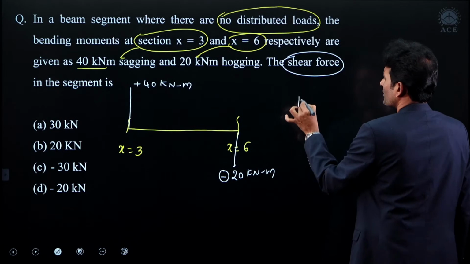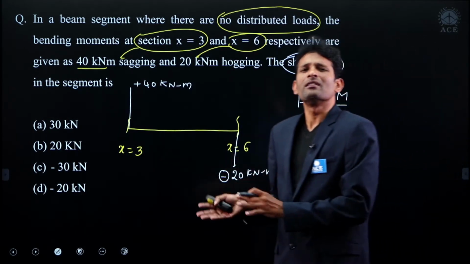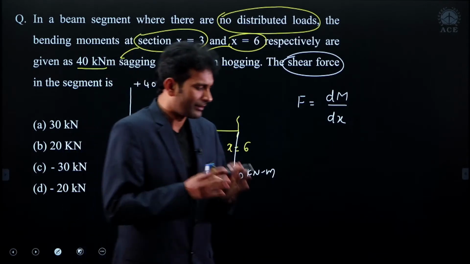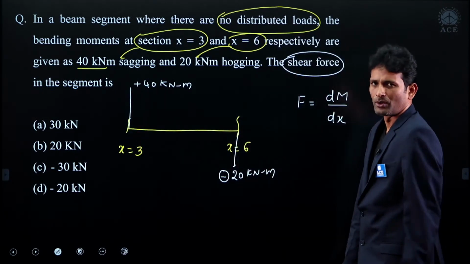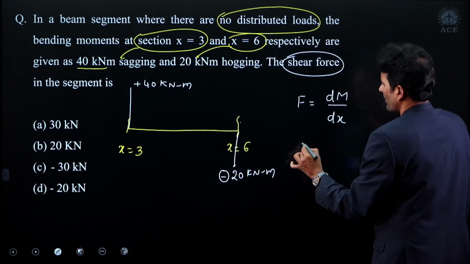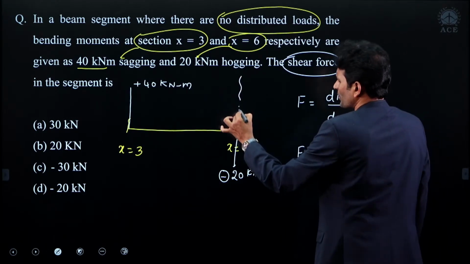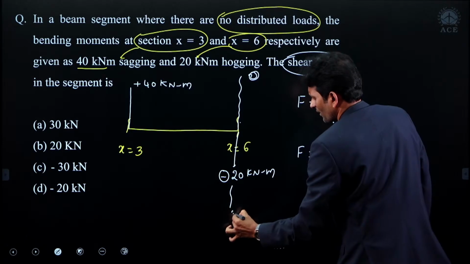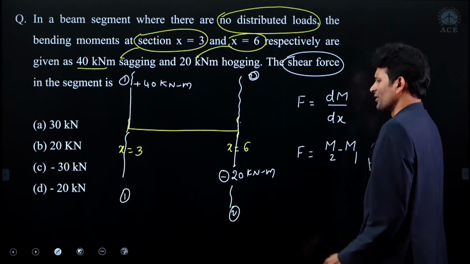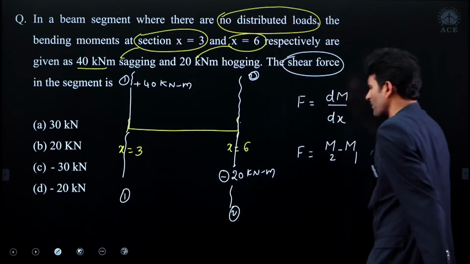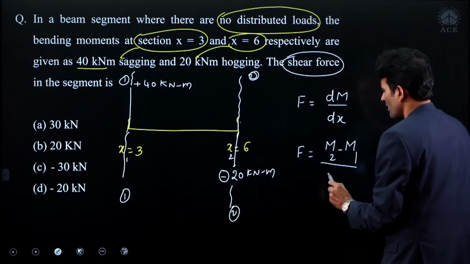As we know, the relation between the shear force and bending moment is F equal to dM over dx. What is dM? That is the change in bending moment between two sections or two points. That change we should always consider as succeeding and preceding only, never preceding and succeeding. Succeeding and preceding means I take it as F equal to M2 minus M1. This is section 2, this is section 1, be careful. When calculating the relations, always take the second one minus the first one, succeeding minus preceding, otherwise you are making the mistake. Divided by dx. Let us say this is x2 and this is x1, x2 minus x1.